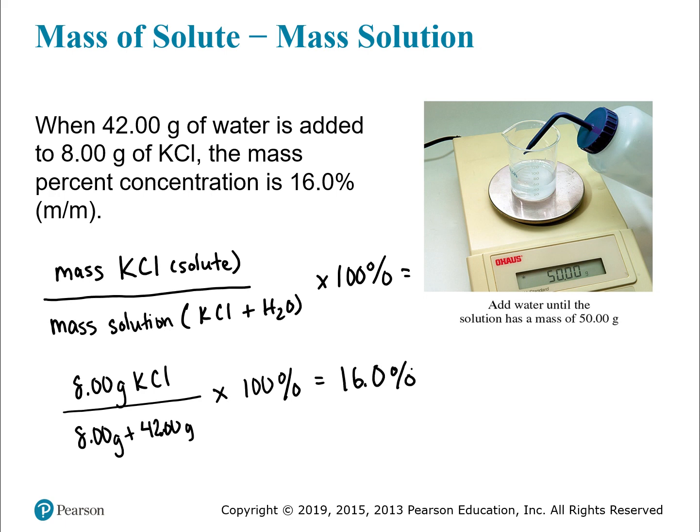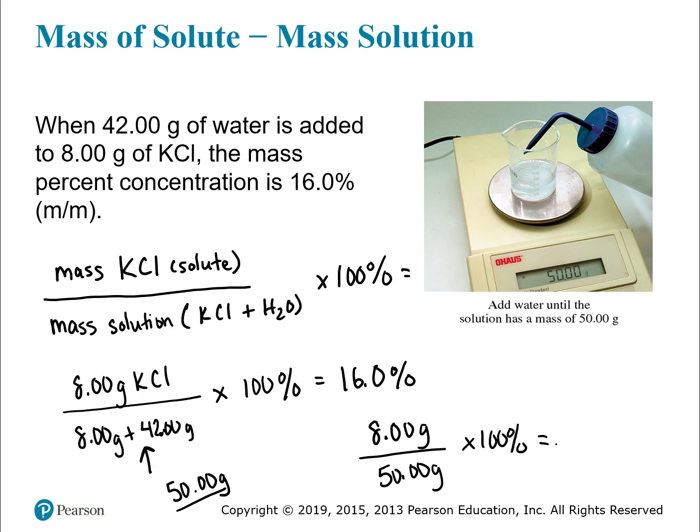When you're talking about sig figs, you want to worry about this addition first. That's what you should get in the denominator. And now we're doing division and then multiplying by 100%.